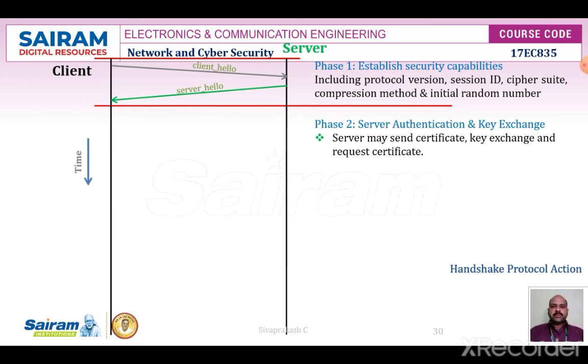Meanwhile, for the cipher algorithm, it may be RC4, RC2, DES, triple DES, or DES40, and so on, which may be requested by the client to the server. For the MAC algorithm, it may usually be MD5, message digest 5, or SHA-1. And for the cipher type, it may be a stream cipher or a block cipher.